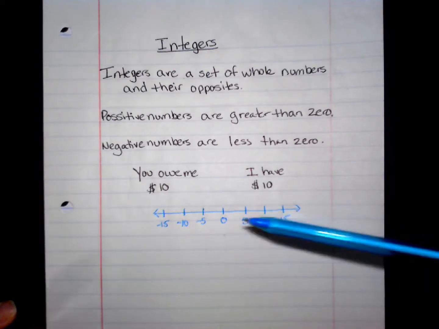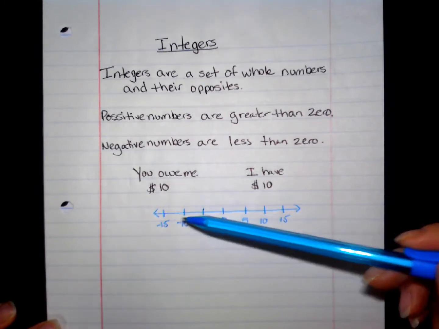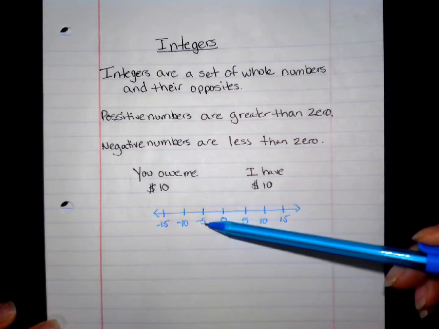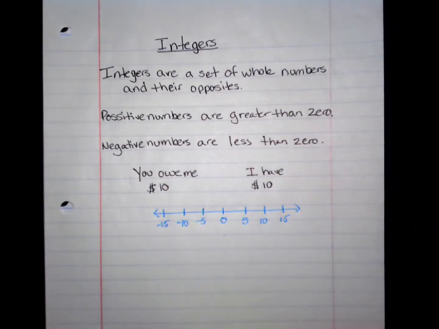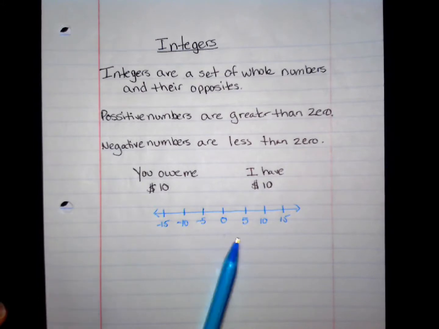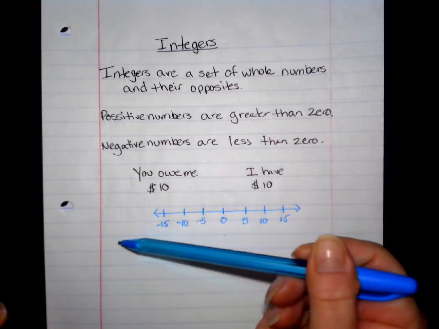Then notice for my negative numbers, they started at the left side of my number line and they went from 0 and they grew down, but the number increased. Because the further I get away from 0, the higher the number is, either direction. So the further I get from 0, my number grows positive or my number grows negative. Okay?